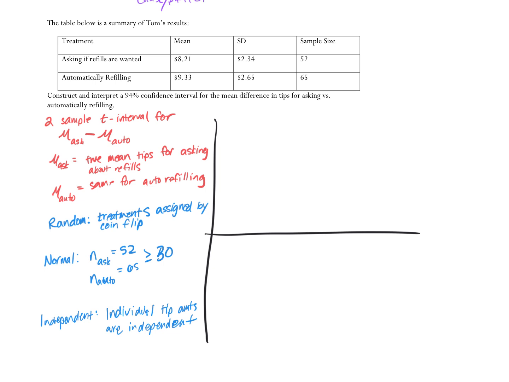And like before, you can either put it in from data or from summary stats. We're going to choose the summary stats. Which one should I plug in for x bar 1? We wrote this as ask minus auto, so x bar 1 has to be the ask stuff. Okay, so we got 8.21, 2.34, 52.